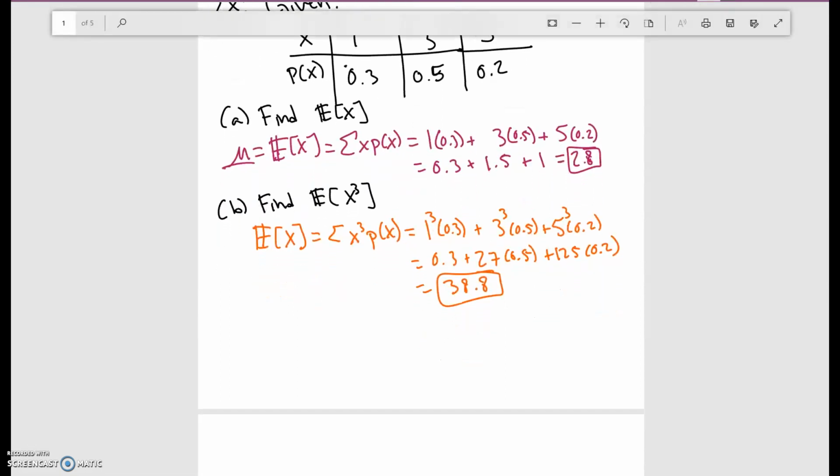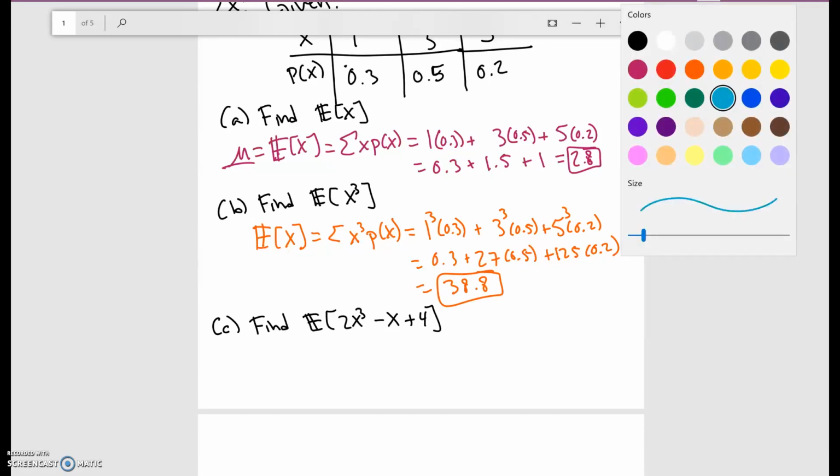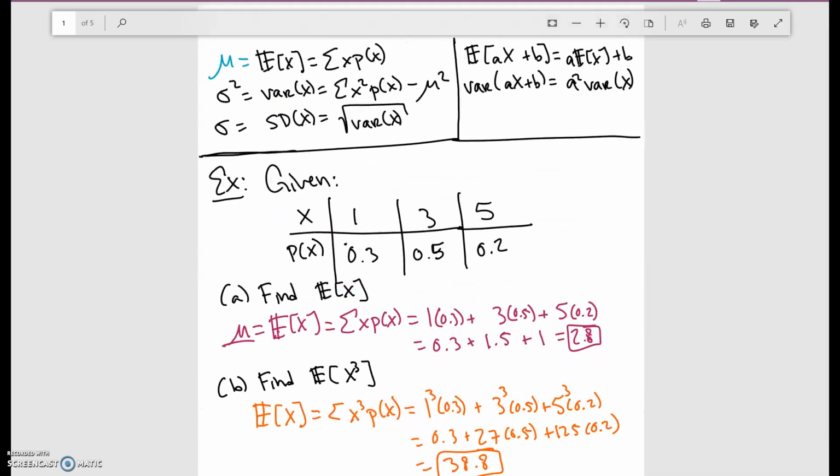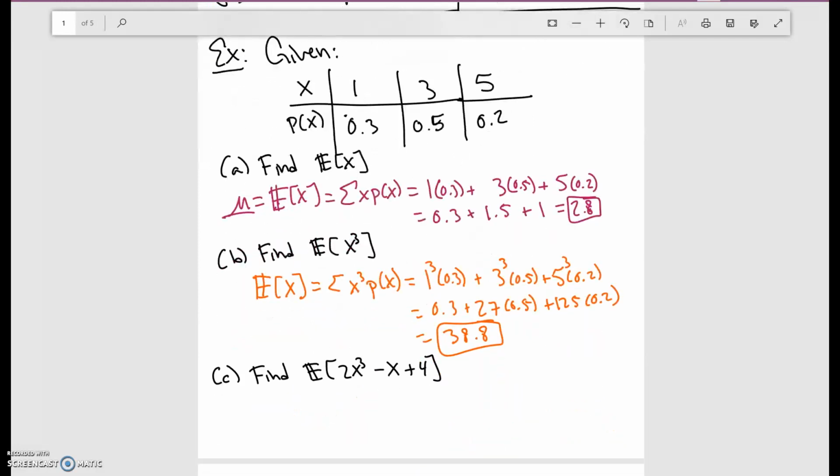Now for part C, I want to find the expected value of 2x cubed minus x plus 4. Using the properties of expectation, instead of trying to calculate something really complicated using this probability distribution, I can just use the linear property of the expectation.